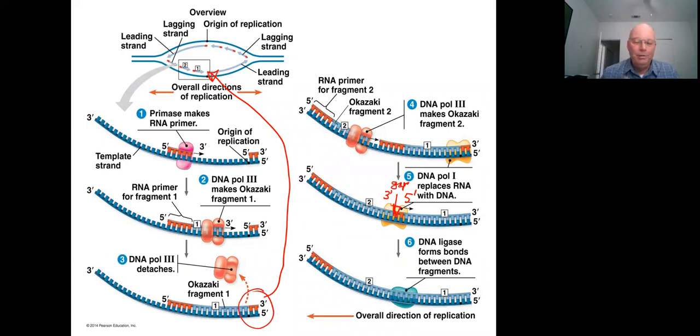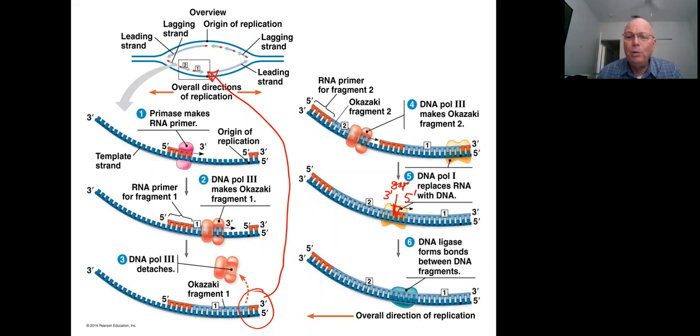The DNA polymerases simply don't know how to link those together. None of them know how to link those together. It's simply beyond what they're capable of doing. Fortunately, we don't have to leave the gaps there, because there is another enzyme called DNA ligase that does know how to seal those gaps.